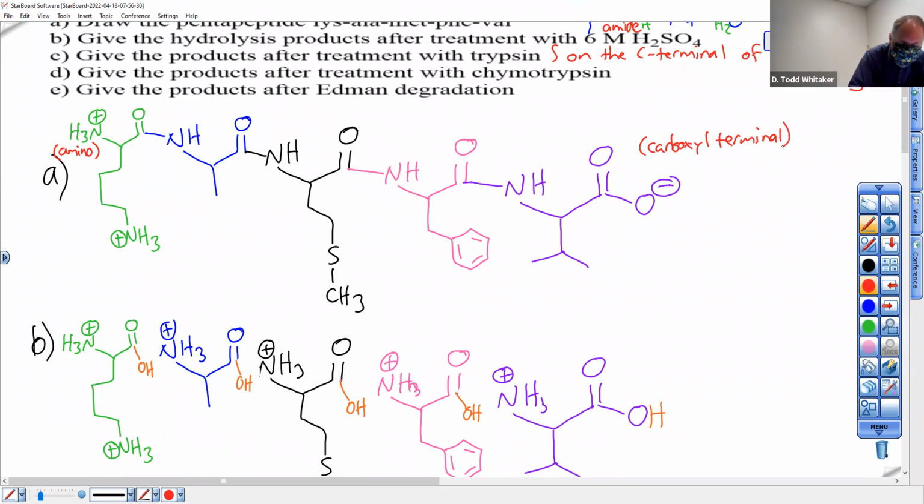Every protein has an amino terminal, N terminal, on the left, and a C terminal on the right. That's just wording you have to learn. So when I say you're cutting the C terminal of lys or arg, that means right there with this lys, you're cutting there.